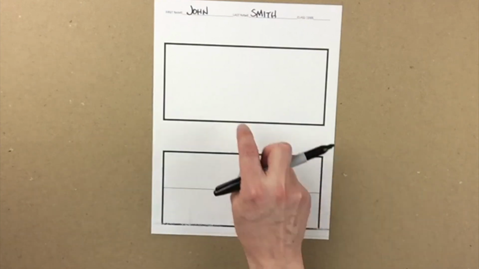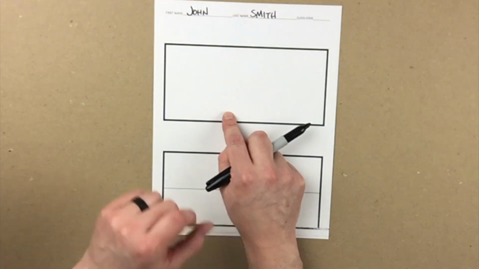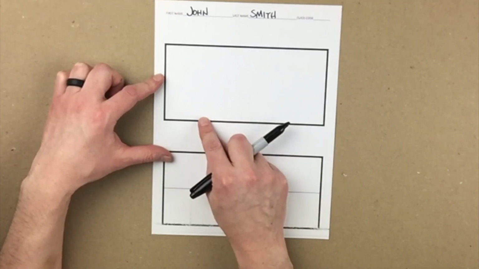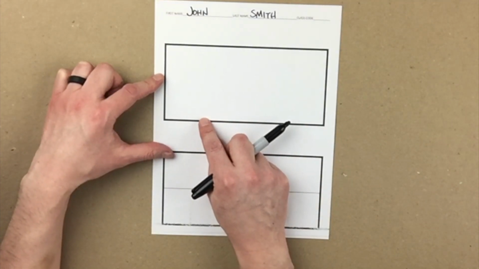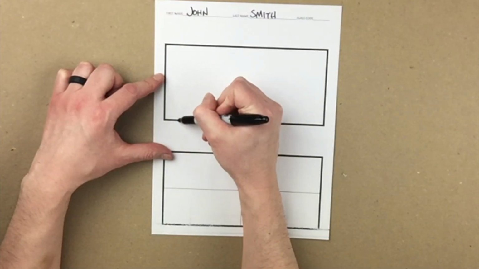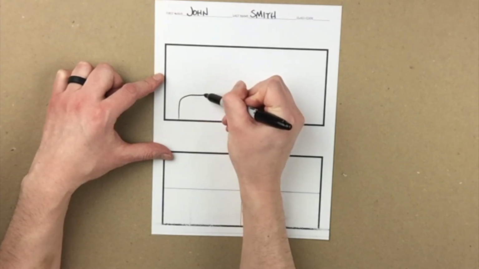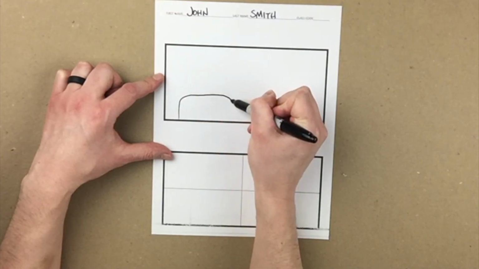So box number 1 is for your first draft. Starting off a landscape, we're going to start by drawing our foreground. So these are going to be the things that are closest to us, and the closest thing to us in this picture is a hill on the left hand side, and it is half of an oval.